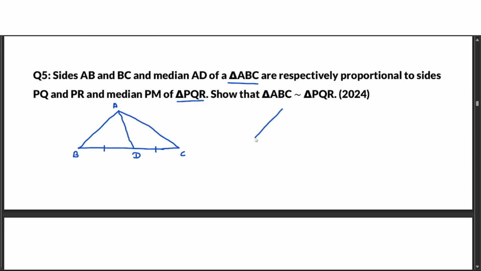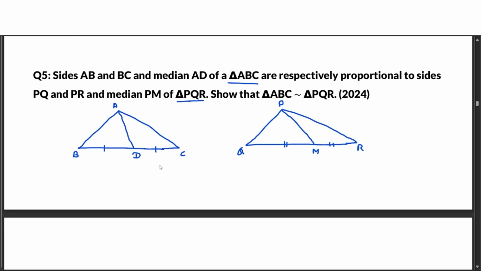So you can draw the triangle PQR. Okay, so this is your triangle PQR, and here one median, PM. Again, this divides QR into two equal parts.